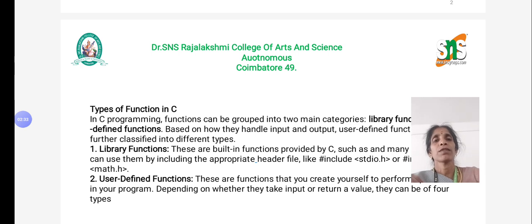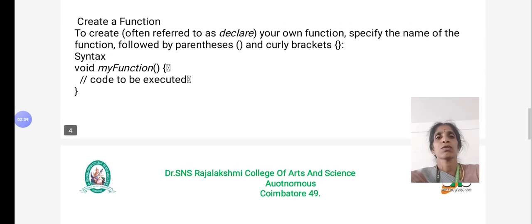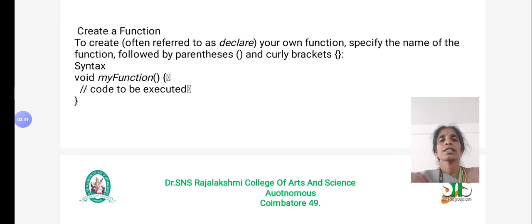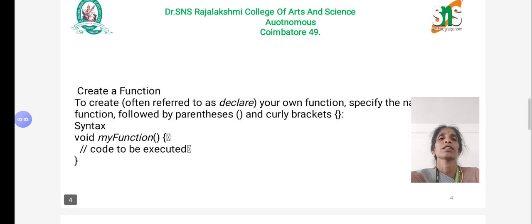The user can define functions in various places and achieve a lot of tasks by using them. This is the syntax we use to define a function. To create a user defined function, the name of the function should be followed by parentheses. Inside the parentheses we can pass some arguments. Here I am showing the syntax of a void function definition.